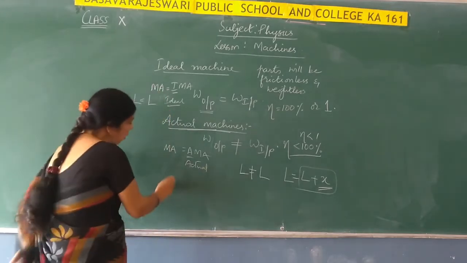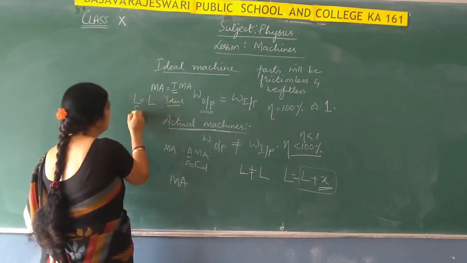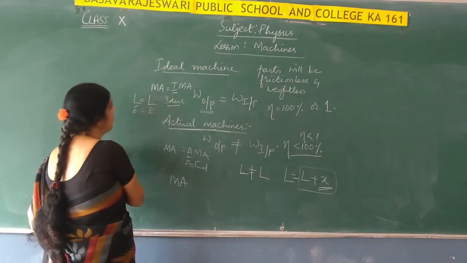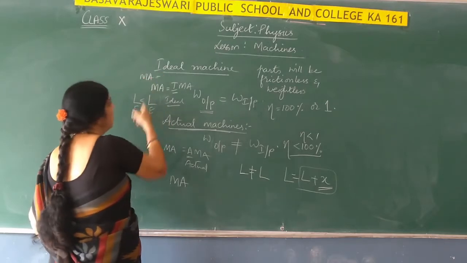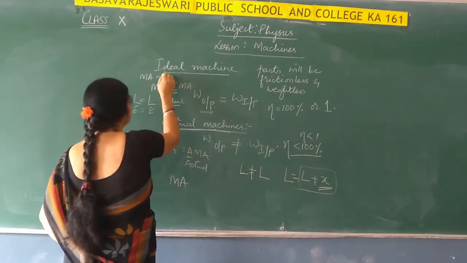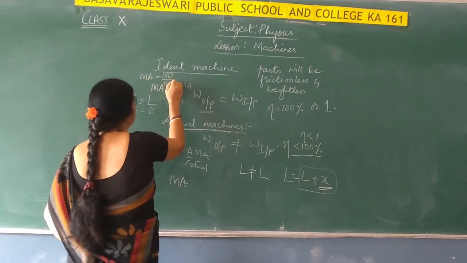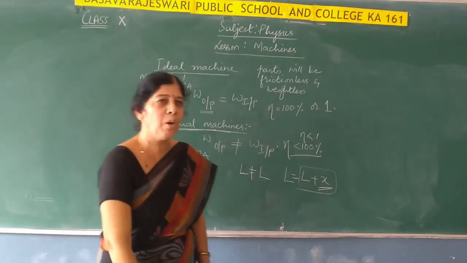Then when the load value changes, what happens to the mechanical advantage? Here L is equal to L, E is equal to E. In case of an ideal machine, MA will be equal to L by E only. So L by E, L is 100, E is 100. What is the mechanical advantage? Mechanical advantage also will be equal to 1.